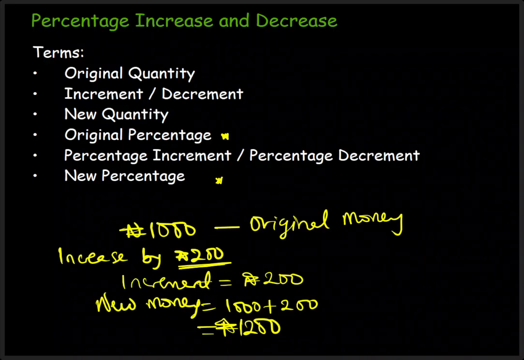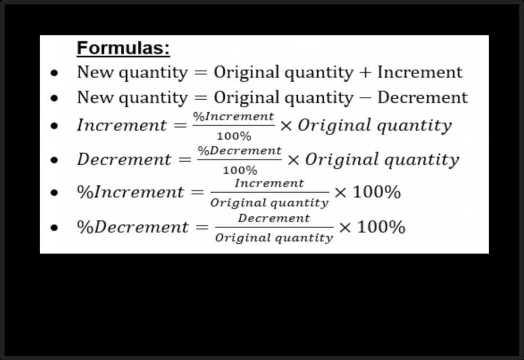The new quantity is the total money after you've added the increment. If it is decrement, the new quantity is what you have after you've subtracted the decrement. When we now bring in percentage increase and decrease, the increment may not come as a normal number, it may come as a percentage. So of course you need to change the percentage to a number first before you can determine the new quantity. Well, let's see the formulas.